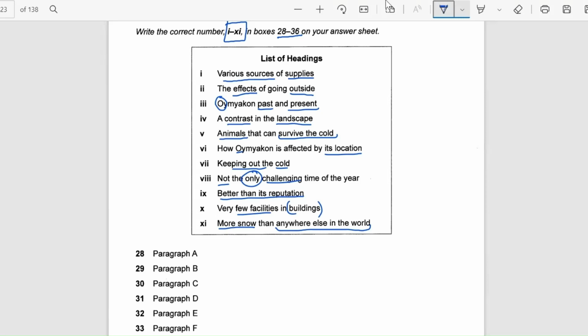Okay. So I don't see too many similarities here, and not too many contrasting points also. So facilities and supplies can be something that you may get confused with. And some similarity I see here is it's talking about the past and the present.